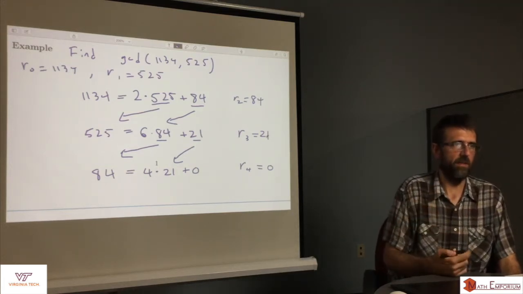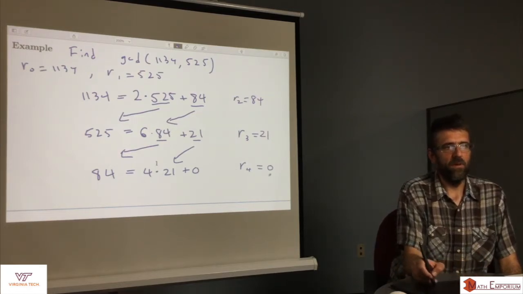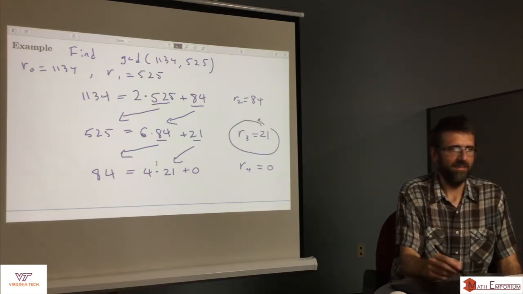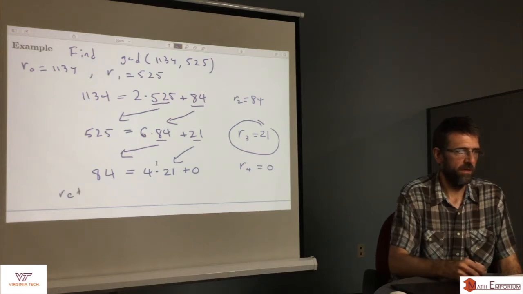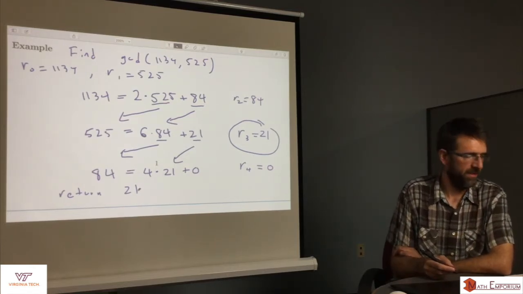I'm going to have to hit 0 eventually. So in this case, m was equal to 4 when I hit that remainder of 0. So what I'm going to return is actually R3, the last non-zero remainder. So return 21, and so 21 is going to be my GCD.